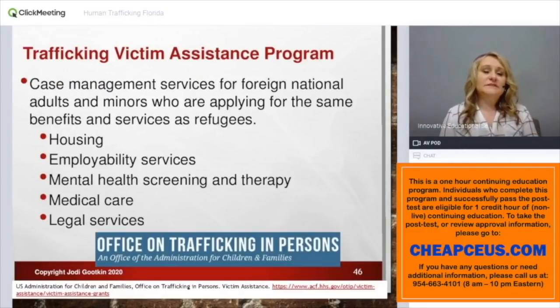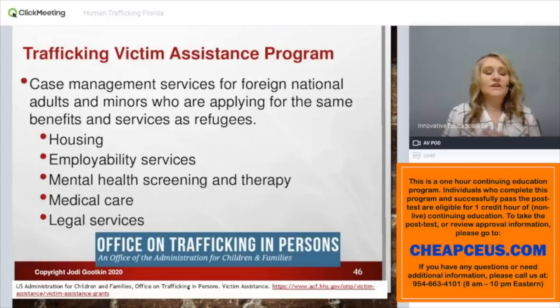The Trafficking Victim Assistance Program specifically is from a government agency that looks at case management, and it's similar to exploring resources available from the federal government for refugee assistance. So it's going to include many similar services that we've previously discussed, but it also is going to explore immigration services. Remember, these individuals need everything from healthcare to housing to employment.